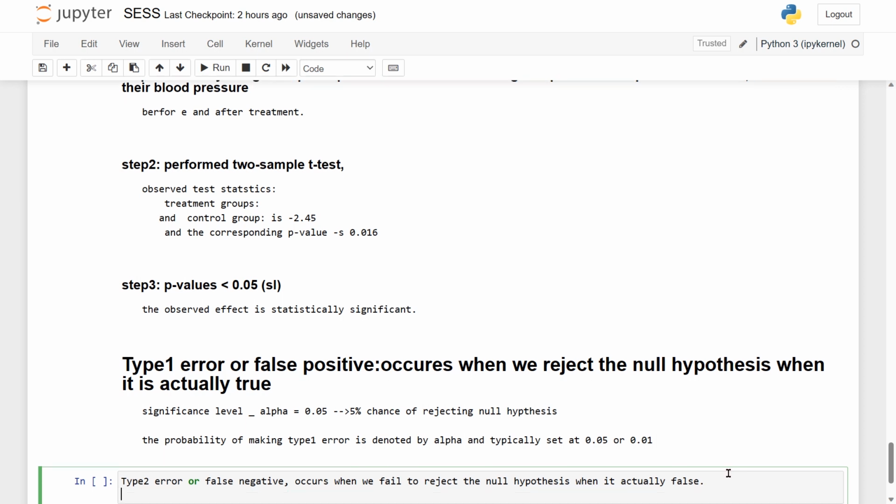So the probability of making type 2 error is denoted by beta and is influenced by the sample size, effect size and alpha level.